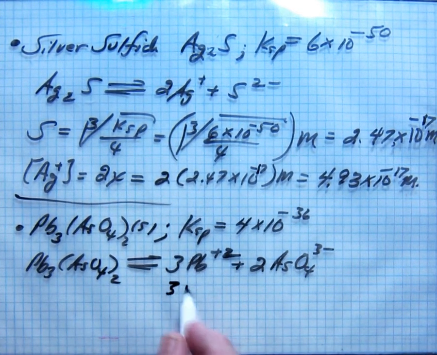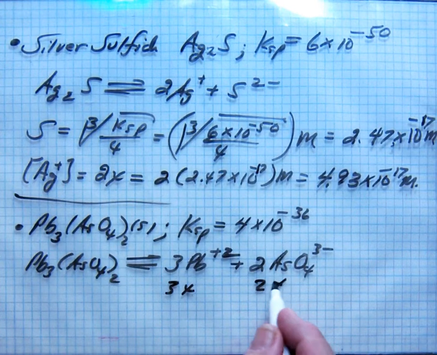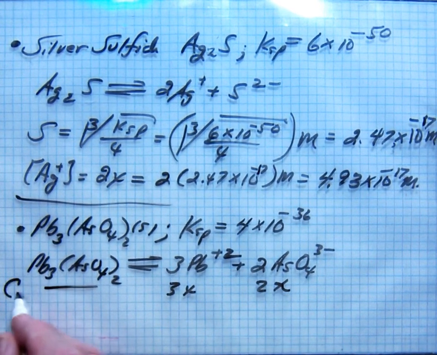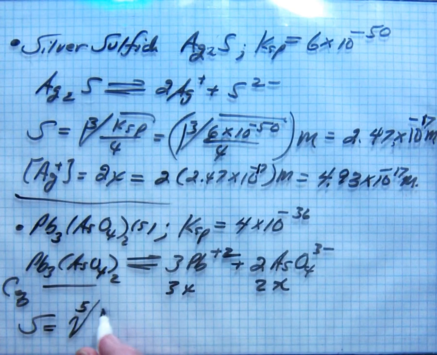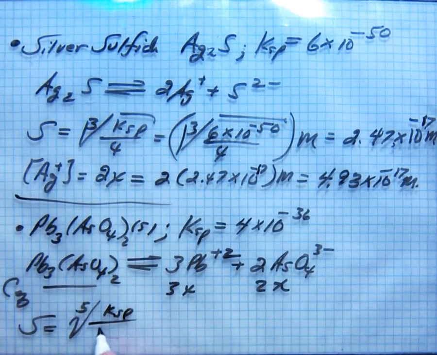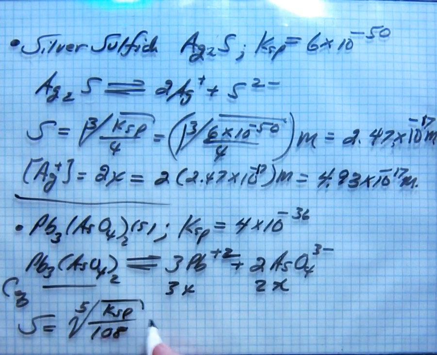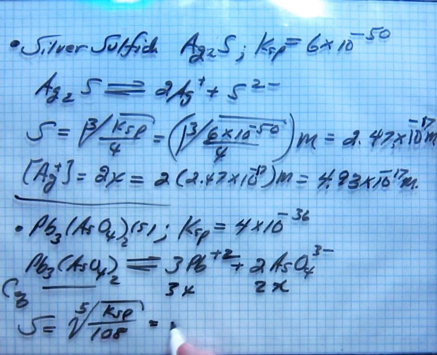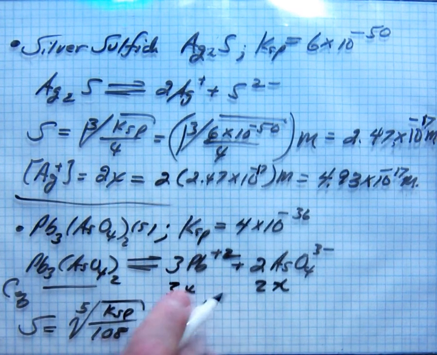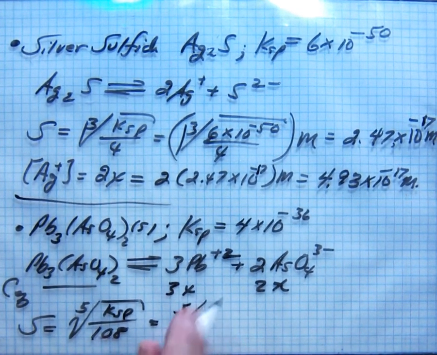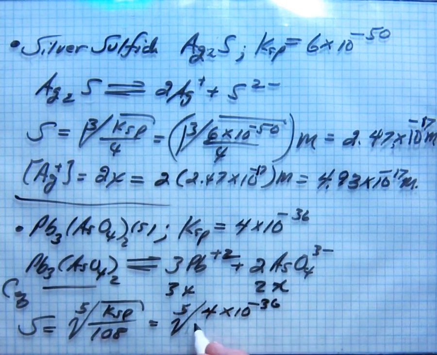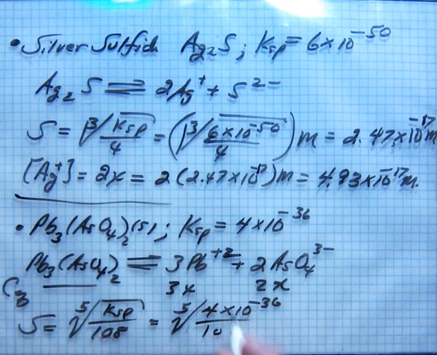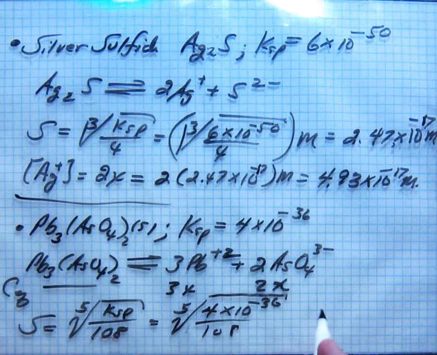So that's a 3x and 2x at equilibrium. And so your solubility expression is the 5th root of KSP over 108. And so that is the 5th root of 4 times 10 to the minus 36 divided by 108. It comes out in moles per liter.